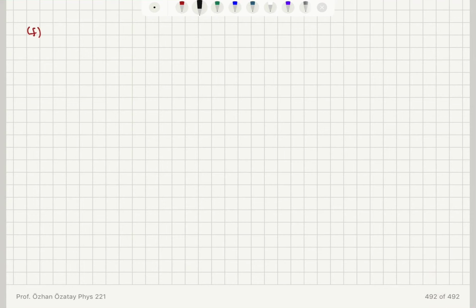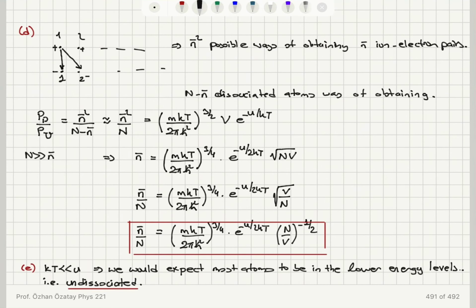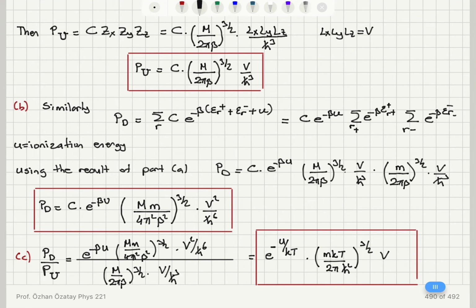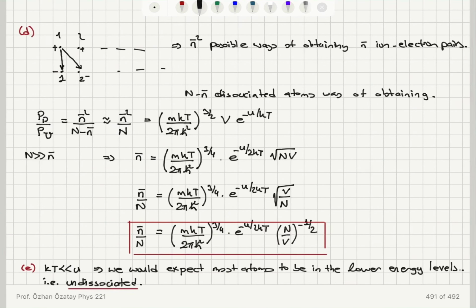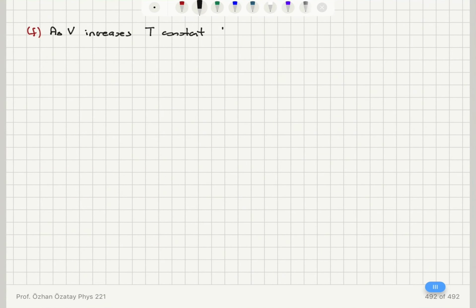Now, as V increases, at constant temperature, if you look at the ratio in part C, the ratio of the probabilities of dissociation to undissociation is proportional to V. So we will have this ratio increasing. Probability of dissociation increases.